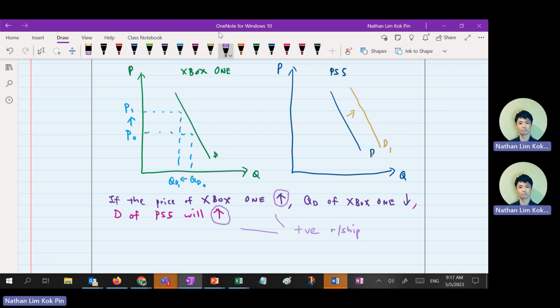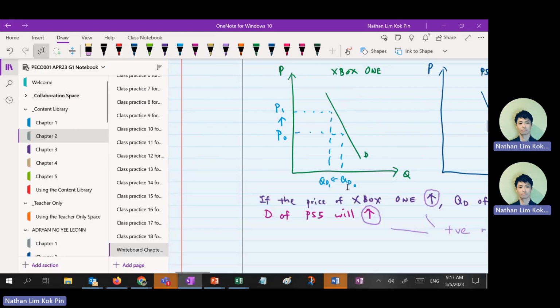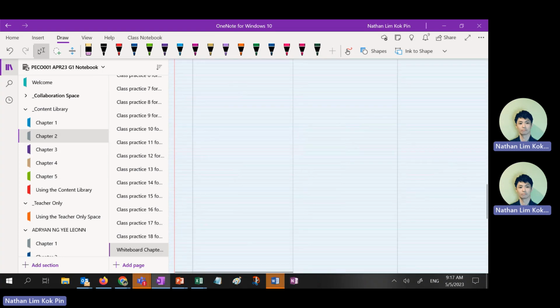Oh, in the wrong whiteboard. They said it's on the wrong whiteboard. Are you serious? Let me check. Am I in the wrong whiteboard? Oh yeah, it's in group 1. No wonder it's not showing. I have to do some amendment.